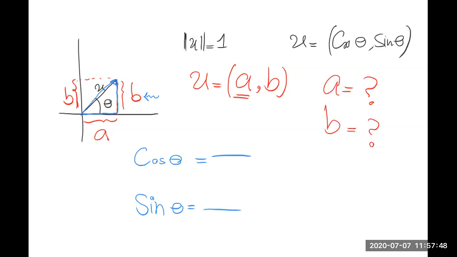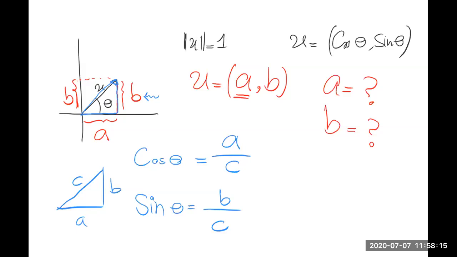Yeah, you're correct, but you should say which one you are saying. If you have a triangle A, B, C, cosine is actually A over C, and sine is B over C. That's very good that you remember that.